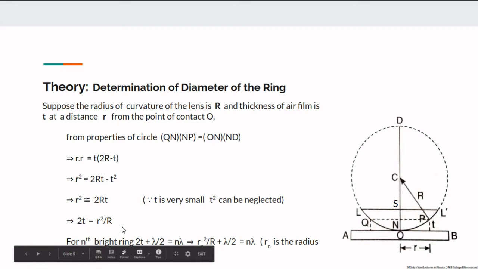In the case of Newton's rings, we have already said that the total path difference is 2t plus lambda by 2. Here, 2t plus lambda by 2 is equal to n lambda, where 2t is equal to r square by R. We get a bright fringe; here we are taking, for example, the nth bright ring, denoted by rn, where rn is the radius of the nth bright ring.